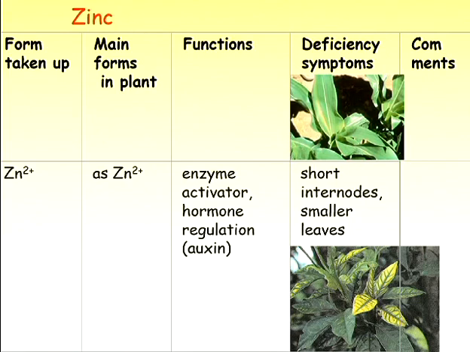As you see in this picture, you see deficiency symptoms here in younger leaves, suggesting it is not very mobile in the phloem. The form of zinc present in the environment is mostly the cation zinc 2+, and there's only that one oxidation state. So it isn't like copper and iron, a metal that can switch between oxidation states. It's just always zinc 2+.